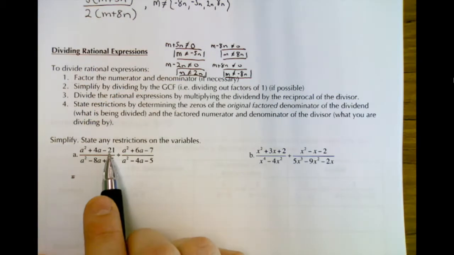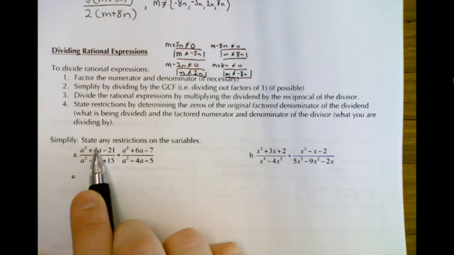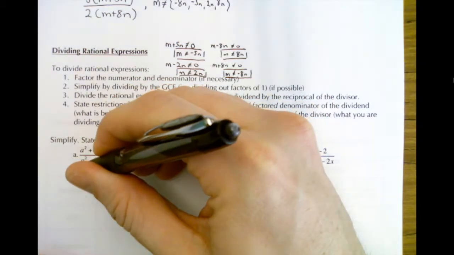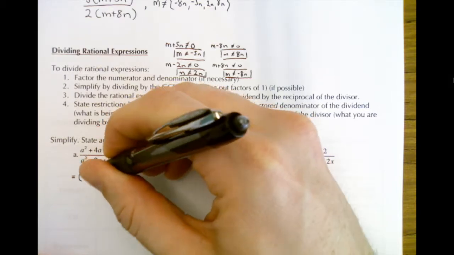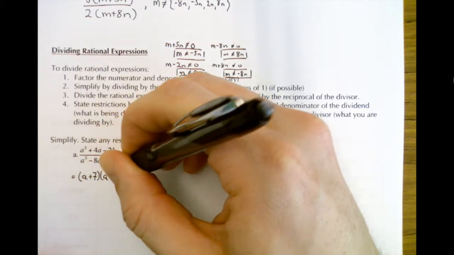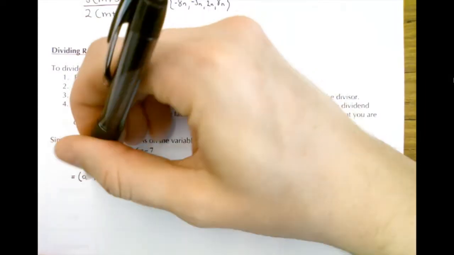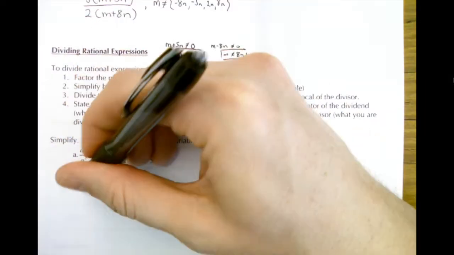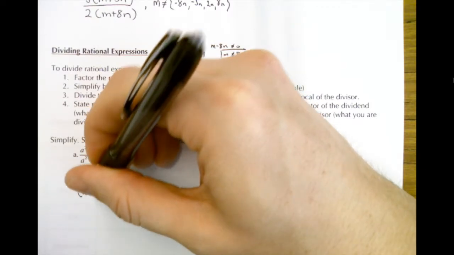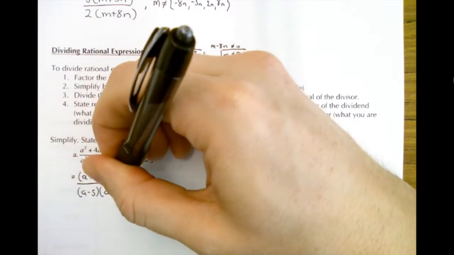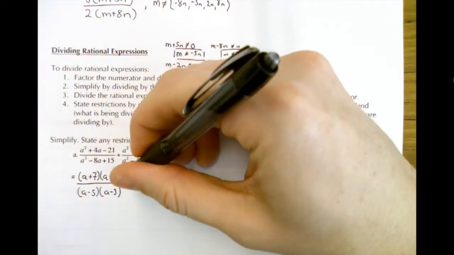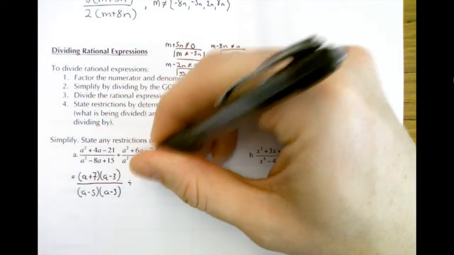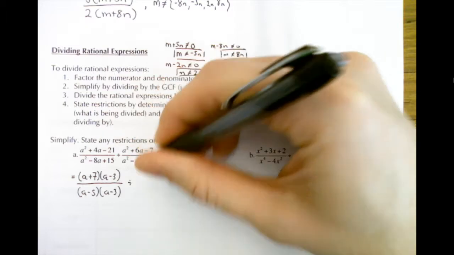We need 2 terms that multiply to negative 21 and add to 4. So those would be 7 and negative 3. So I get a plus 7 and a minus 3. That's my factors on top. On the bottom, I need numbers that multiply to 15 and add to negative 8. That would be negative 5 and negative 3, divided by numbers that multiply to negative 7 and add to 6.